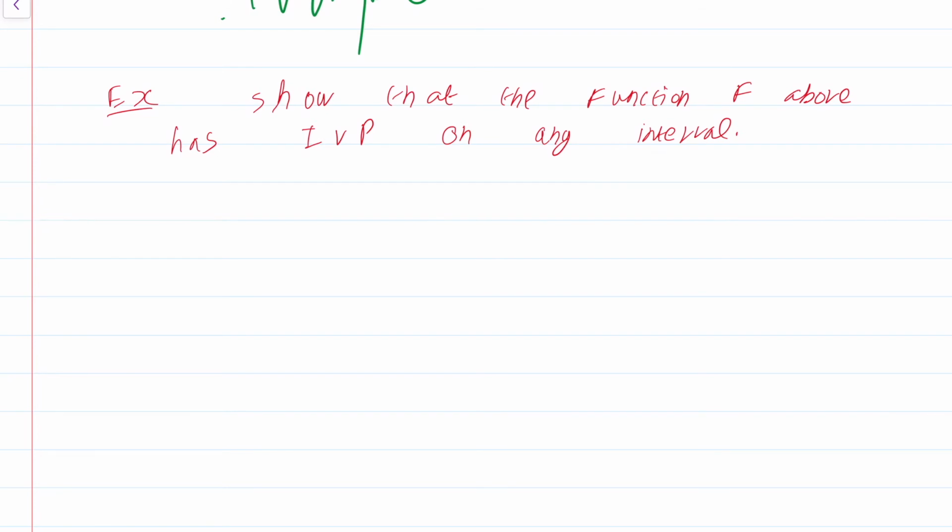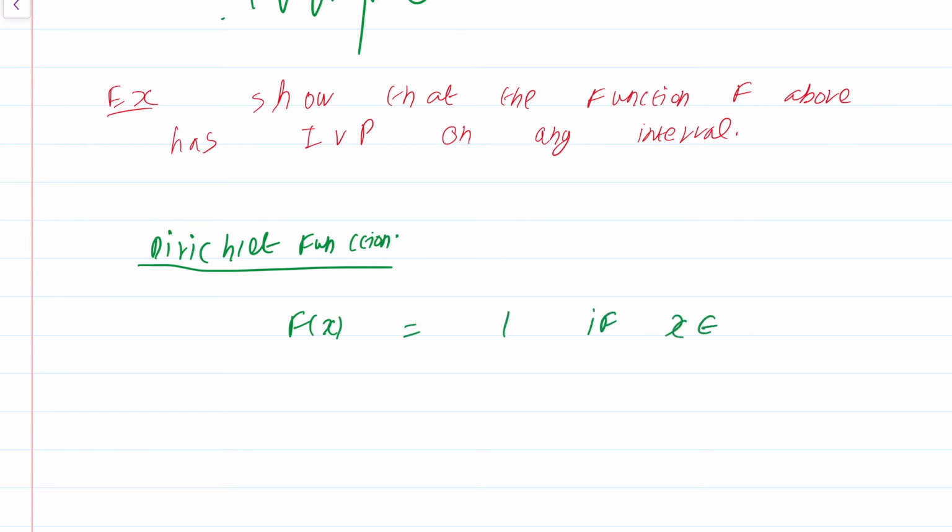Let me give an example by Dirichlet. This is the Dirichlet function. This is defined as follows. f of x is 1 if x is in Q, and it's 0 if x is not in Q.